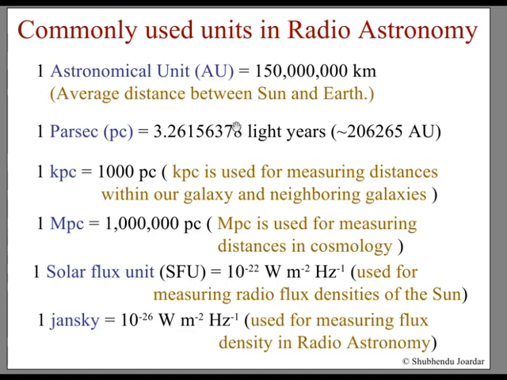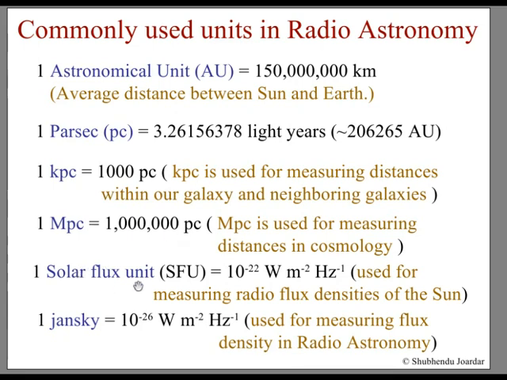That is the light year, and this is roughly equal to this many astronomical units. 1 astronomical unit is 150 million kilometers. Now this is parsec converted to kiloparsec, that is 1000 parsec, and this is megaparsec, that is 1 million parsec.